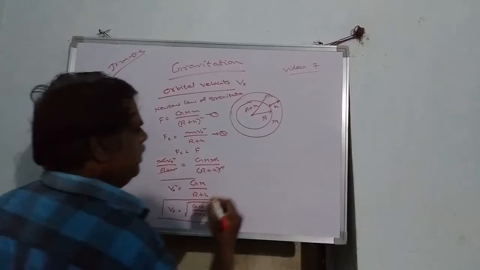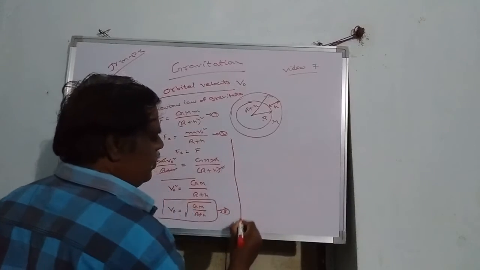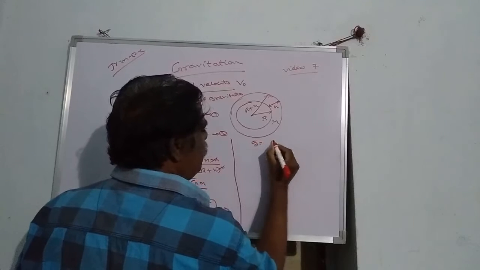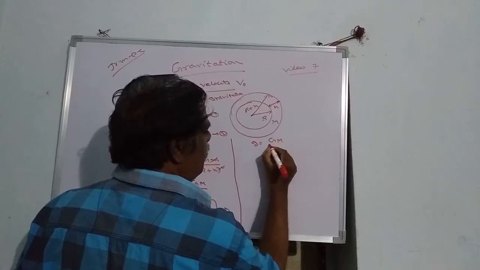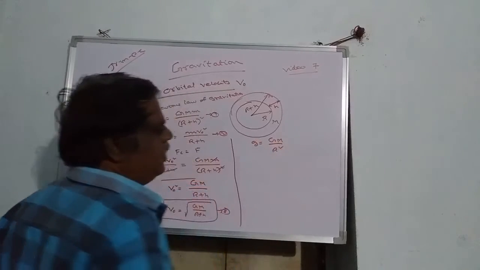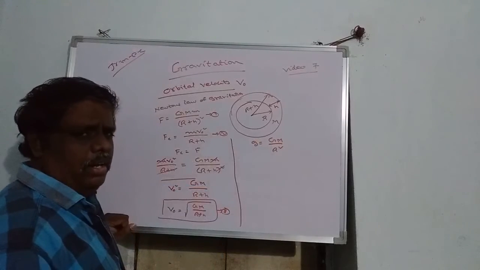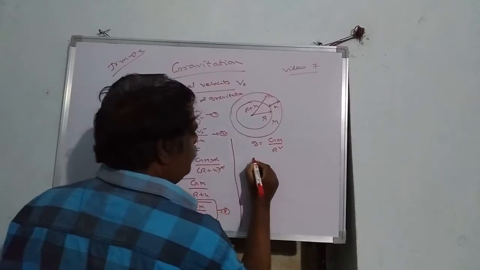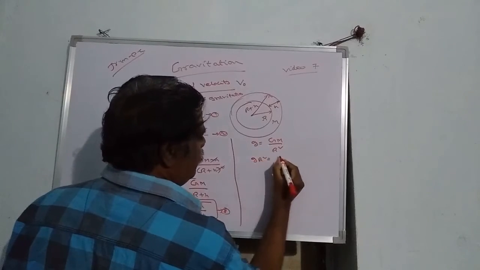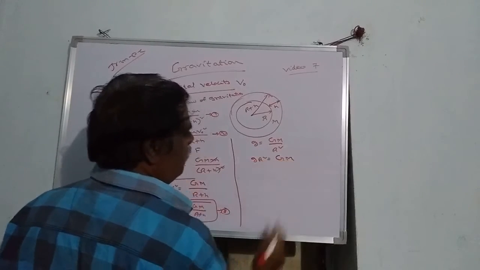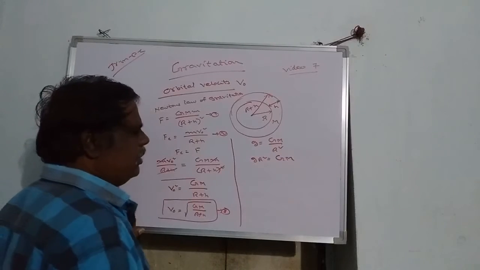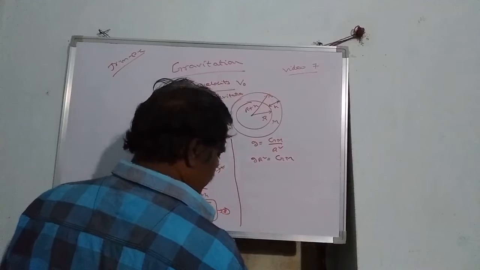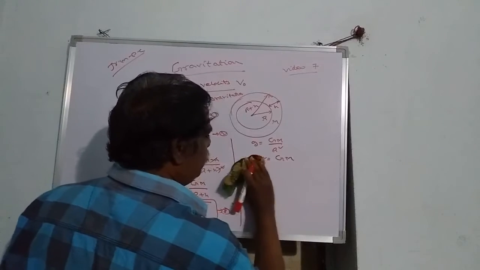From Newton's law of gravitation, we have proved that g is equal to G M by r square. g and r square are inversely proportional. Therefore, g r square is equal to G M. So G M will be equal to g r square.